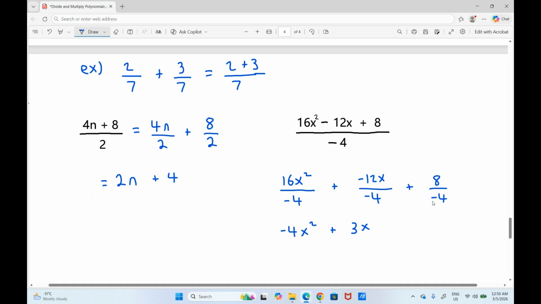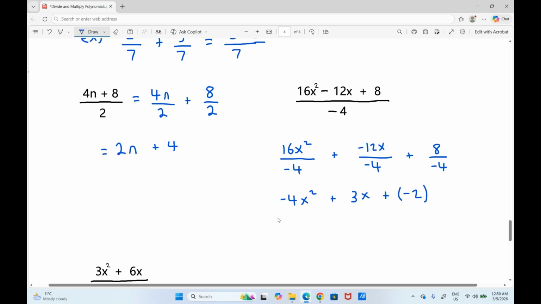And now 8 divided by negative 4 is going to be negative 2. So this would be my final answer. To make this a bit more simple, instead of plus negative 2, I'm just going to rewrite this as negative 4x squared plus 3x minus 2. Because plus negative 2 is the same as minus 2, I'm just going to write minus 2 instead, so it looks much more simple.